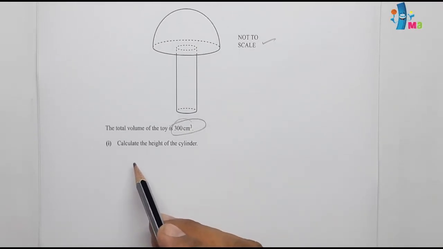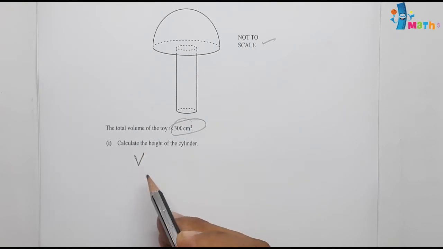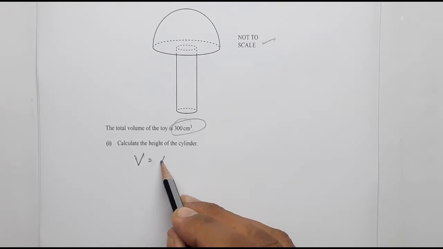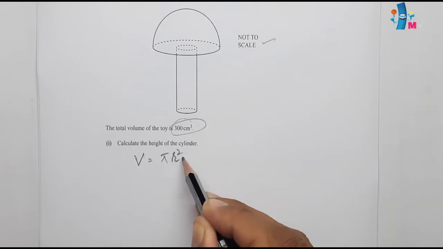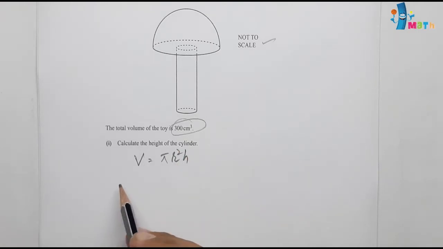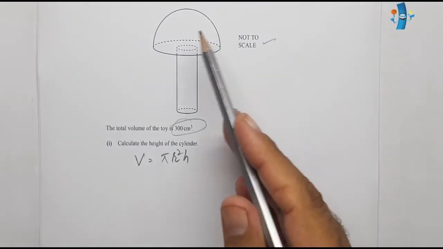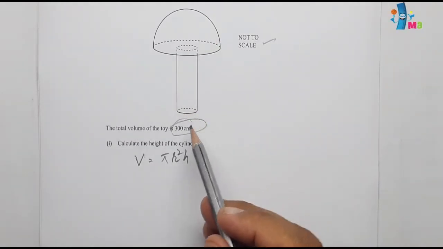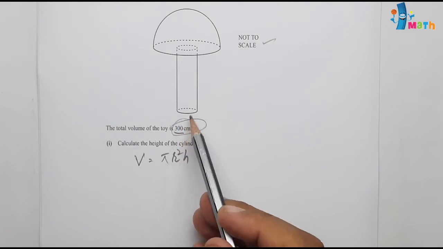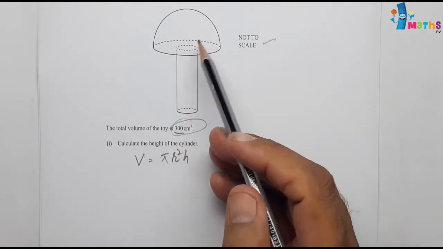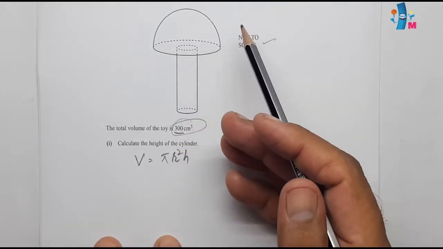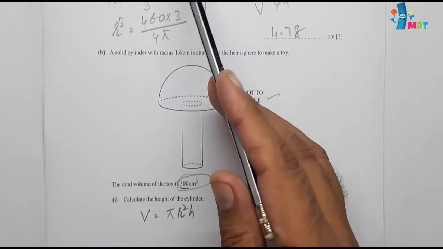We know volume of a cylinder is pi r square into h. Volume of this complete shape is basically given, which is 300, and in the previous part we have done this one.